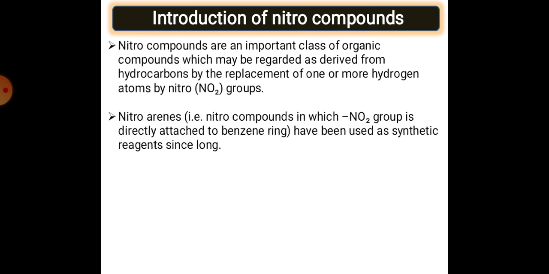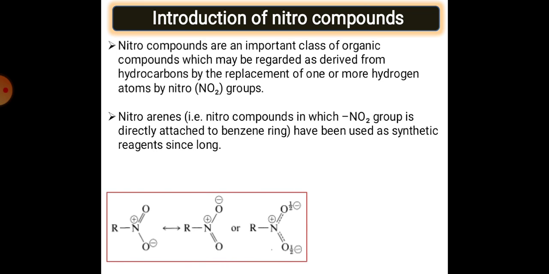Nitroarenes are compounds in which the NO2 group is directly linked with the aromatic skeleton, that is, benzene, and they have been used as synthetic reagents for a long time.